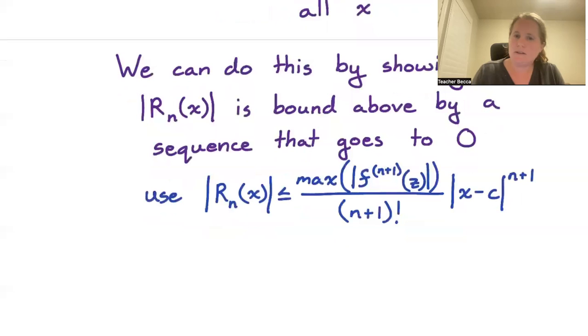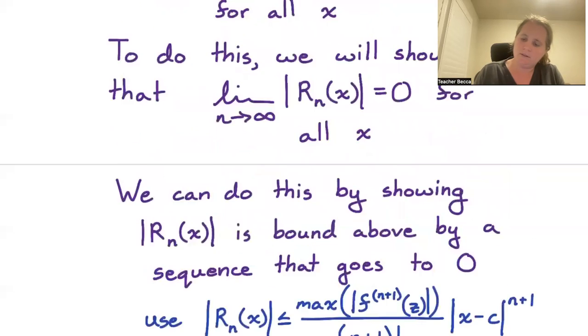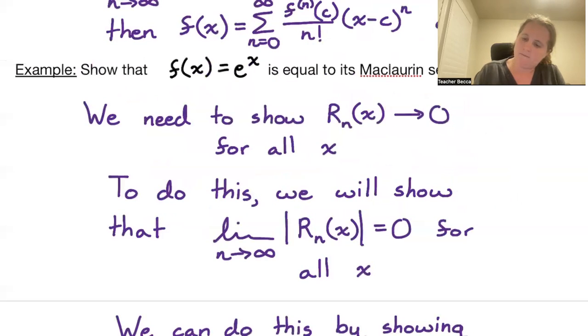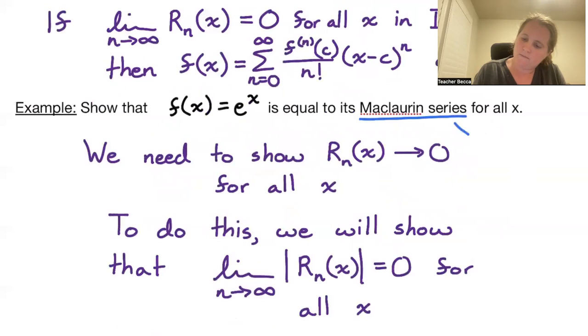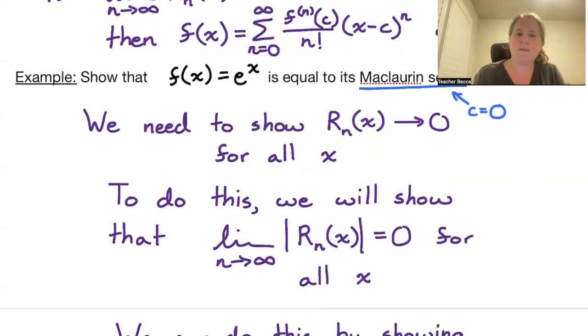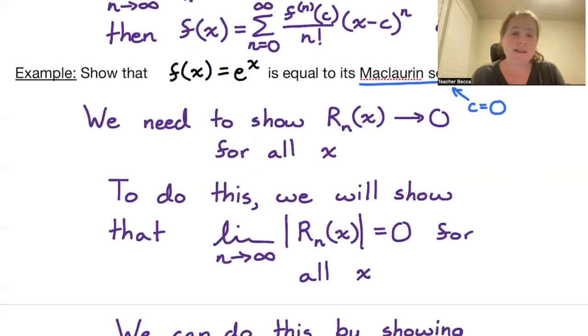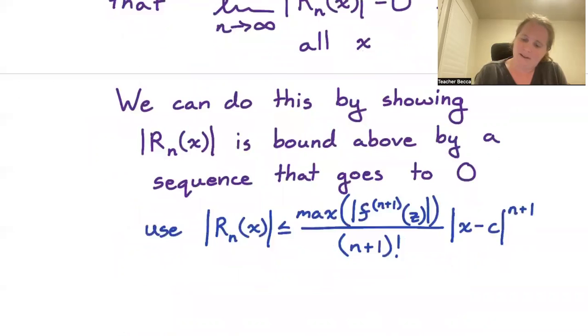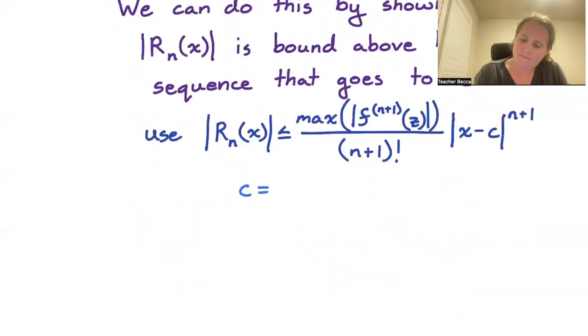So here our c equals 0. We are doing a Maclaurin series. So we know our c is equal to 0. F of x equals e to the x has great derivatives, right?